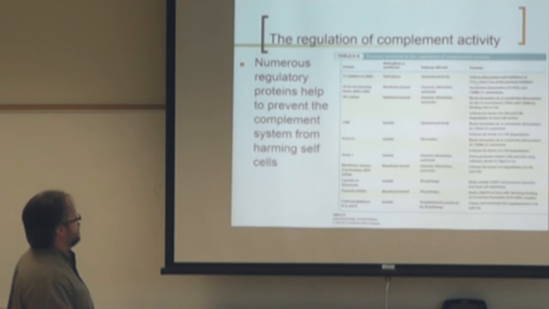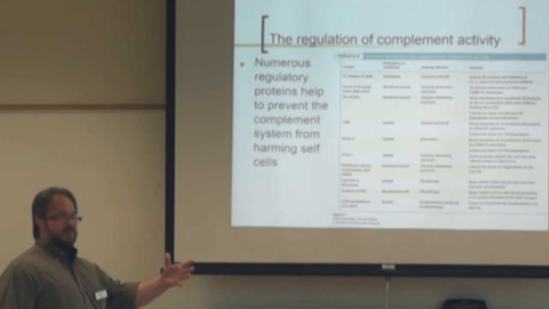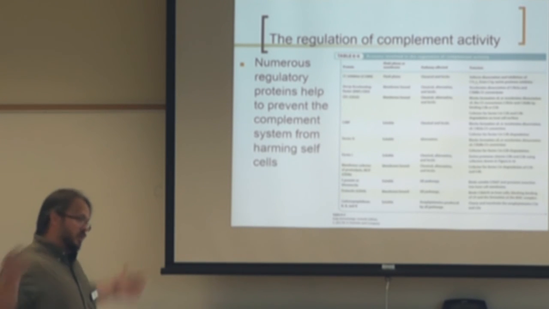It accelerates dissociation of your C3 convertase. C3 convertase is always being broken down, and DAF is membrane bound. Almost all of our cells express levels of DAF on the cell surface. So if that complex forms on our own cells, we're going to get it off of there.